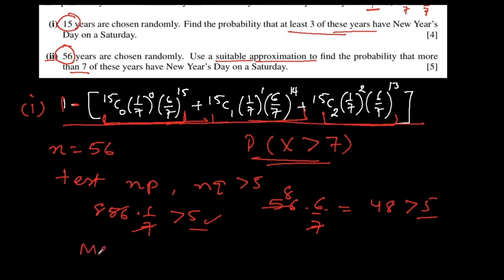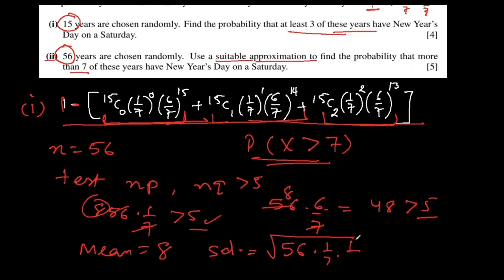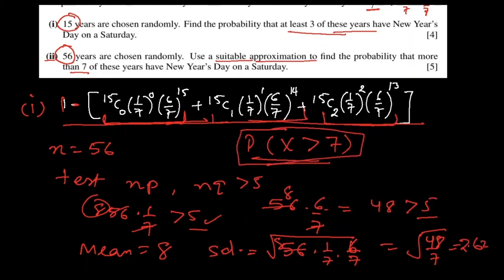So our mean is 8, we got it already. Standard deviation will be square root of 56 times 1/7 times 6/7. So this comes out to be 8 times 6, 48 over 7, square root, equal to 2.62.